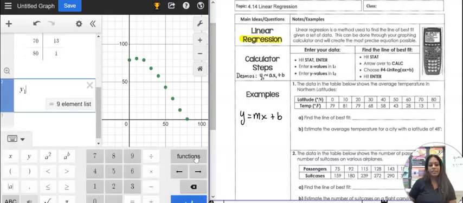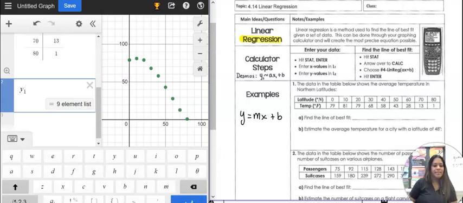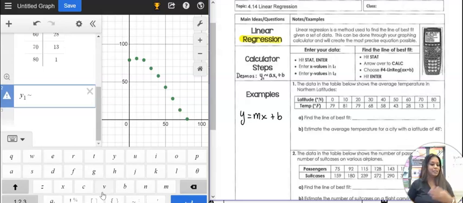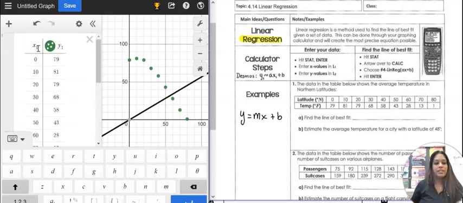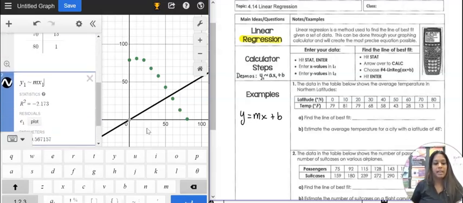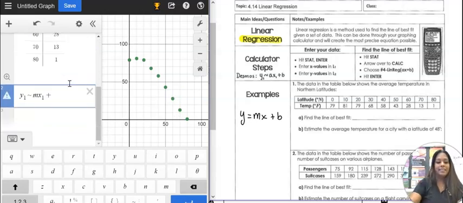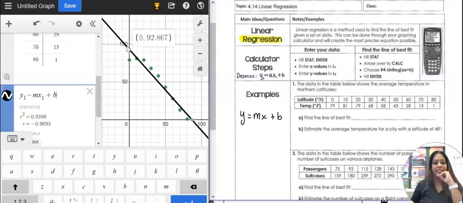The regression symbol is here in ABC, and if you scroll down, it's right there under the B and the N, okay? The little tilde. You can also find it on your keyboard. So y1 regressed against m, which is our slope, x1, because you want it to match these values over here, okay? It's building an equation, but we need to say plus b, and there is that.